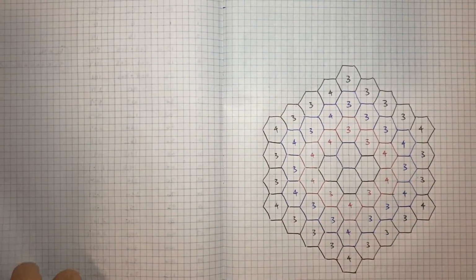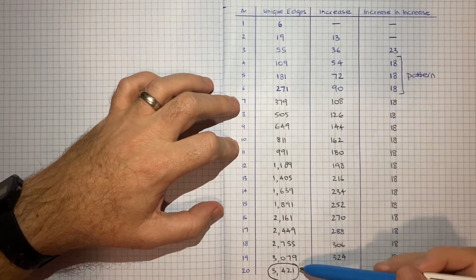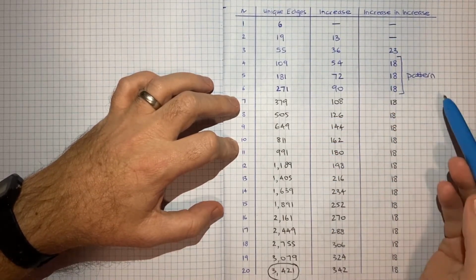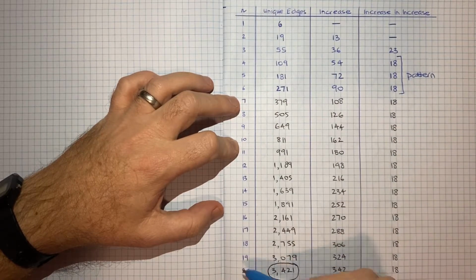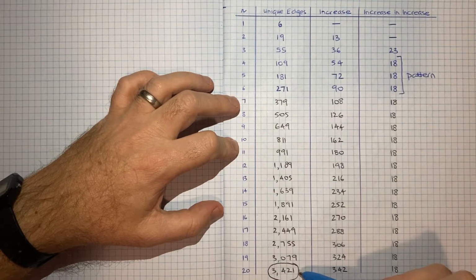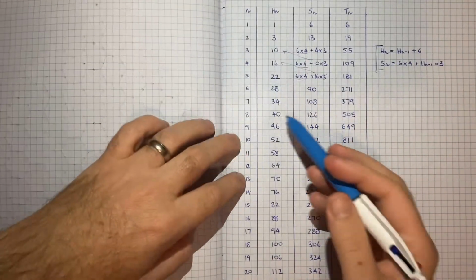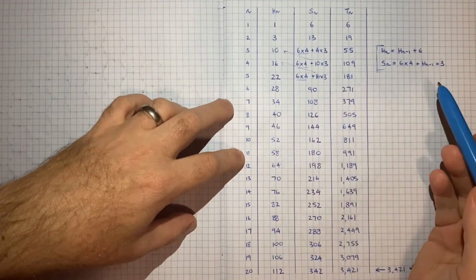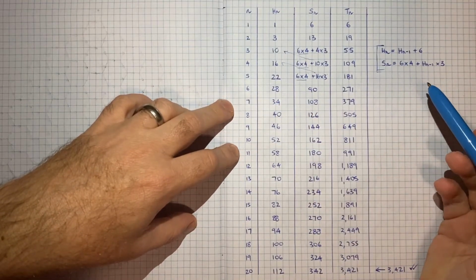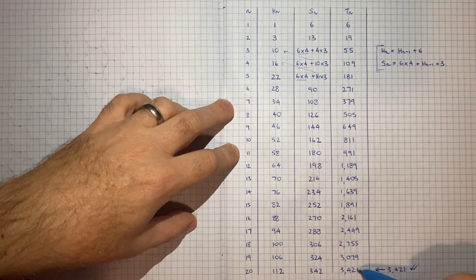In both approaches, the first approach I came up with involved filling out a table based on a pattern that I found to eventually work out the number of unique edges in the 20th expansion of the shape. Then for V's approach, slightly different pattern, but same kind of reality, whereby we've had to fill out a table to eventually get the total number of unique edges.